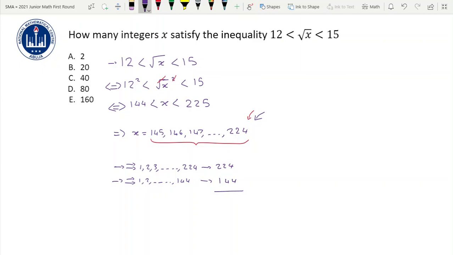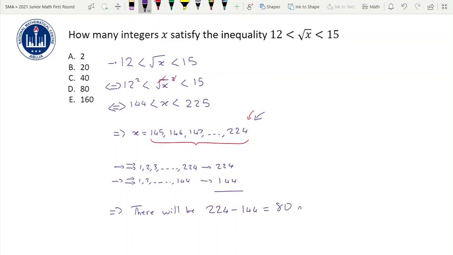it means that from 145 to 224, there are going to be 224 minus 144. When we subtract this, that will be 80.